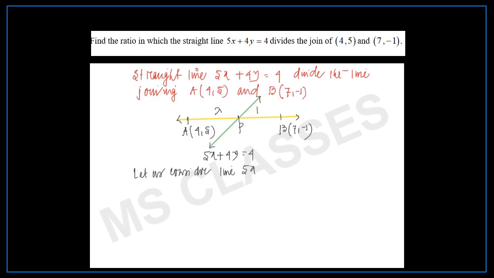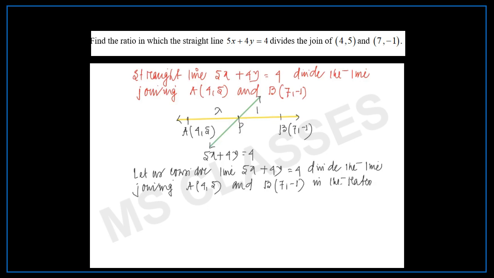So let us consider the line 5x plus 4y equal to 4 divides the line joining A 4, 5 and B 7, minus 1 in the ratio lambda is to 1.